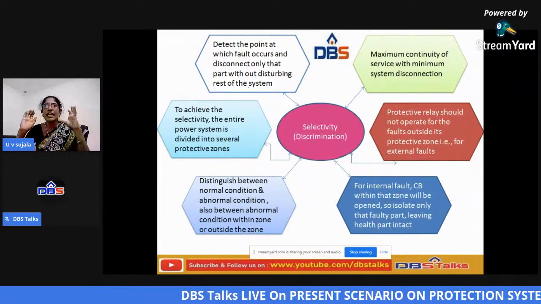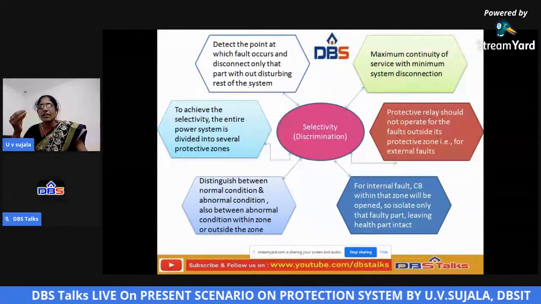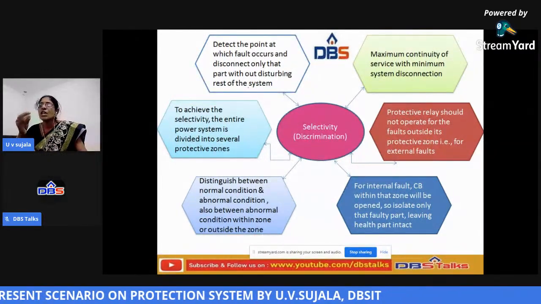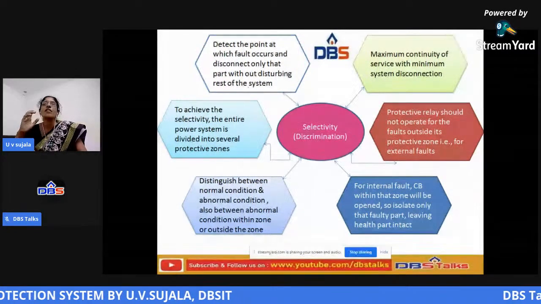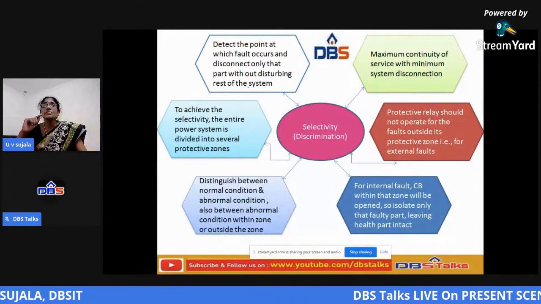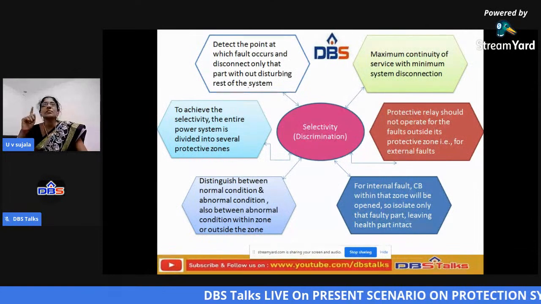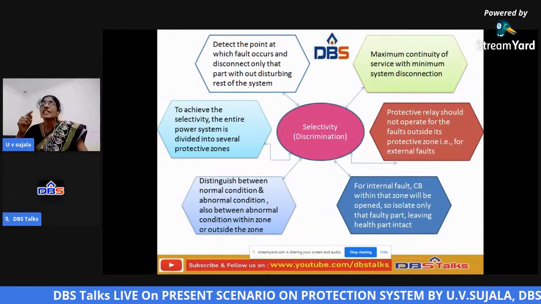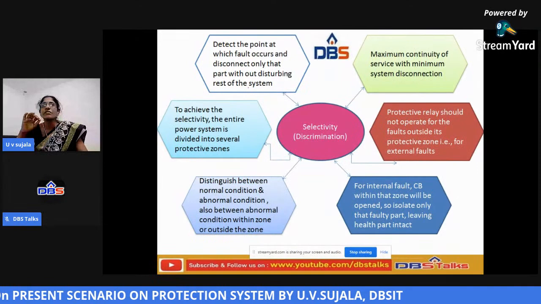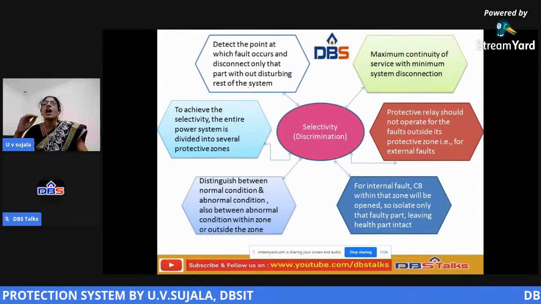So selectivity means that if you select any power system, we have to select a particular zone of those protective zones. Here it distinguishes between normal and abnormal conditions, within the zone or outside the zone.